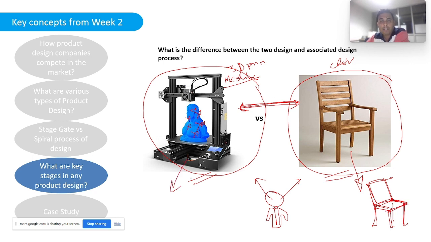For a 3D printer, however, even if you have an engineer, I'm talking about when you are trying to make a new 3D printer, and the engineer is a general engineer, not a 3D printer specialist, a mechanical engineer for example.